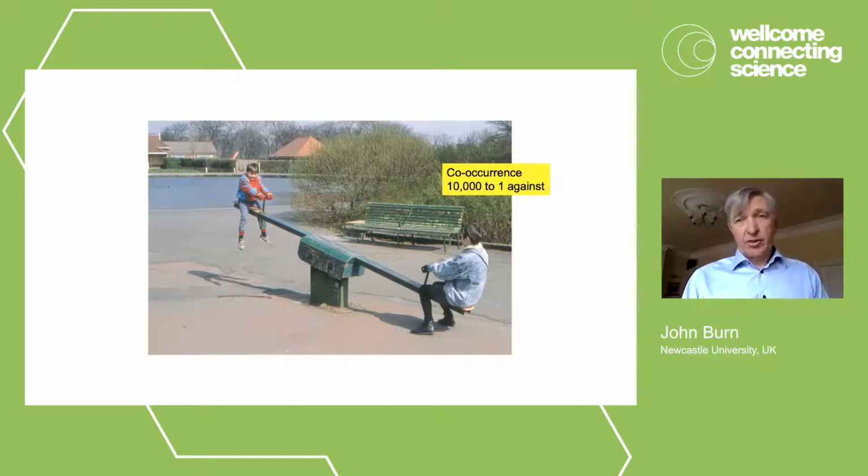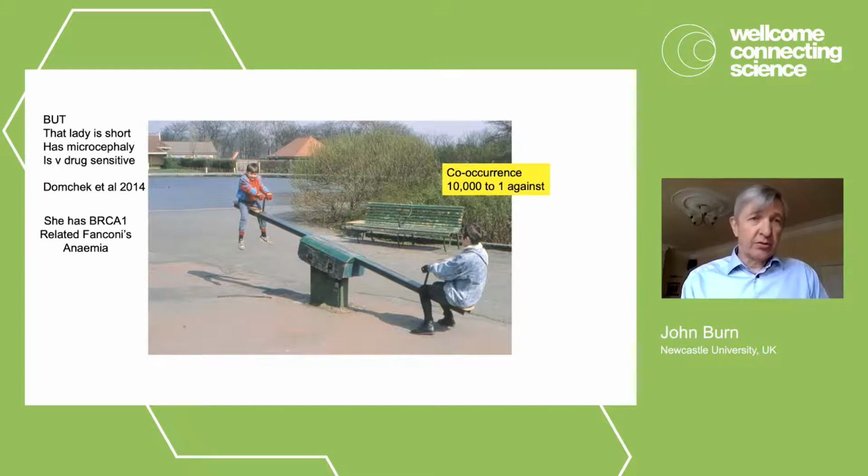And since it was considered not viable to have 2 faulty copies of BRCA1, Doug Easton and colleagues in 2007 judged it to be a variant that was probably not pathogenic. However, when Susan Domchek found that patient, it turned out that she was short, had microcephaly, was very drug sensitive. And so she was the first example of someone developing what we call Fanconi's anemia with biallelic BRCA1 involvement.